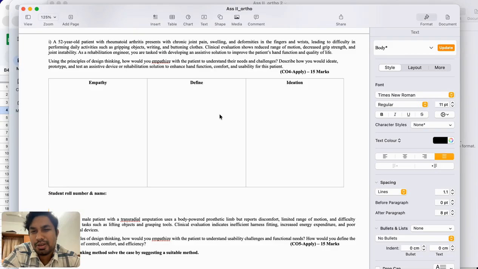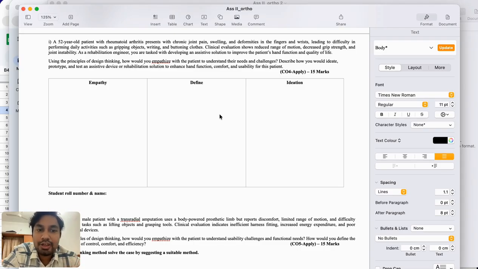These are tiny points that we need to take care of. And clinical limitations: sometimes the grip strength might not be there, the joint stiffness is going to be different for each and every individual, and limited range of motion is always there with those kind of people. So once you are done with the empathy part, go to the define.